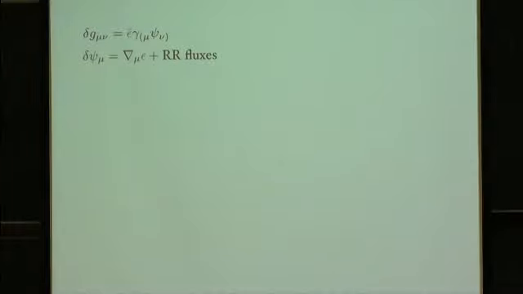For now, let me start. This is a very schematic depiction of what supersymmetry looks like. Supersymmetry is a bit like having an isometry: instead of a vector-generated symmetry, you have a fermion-generated symmetry.